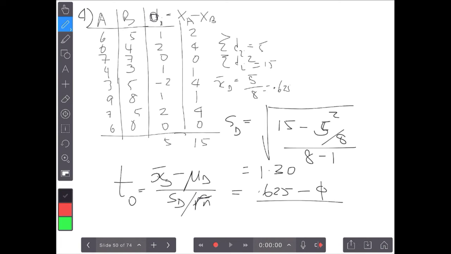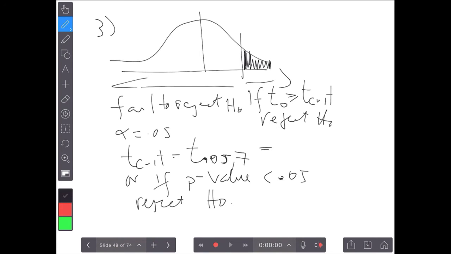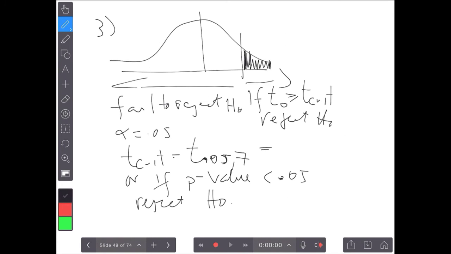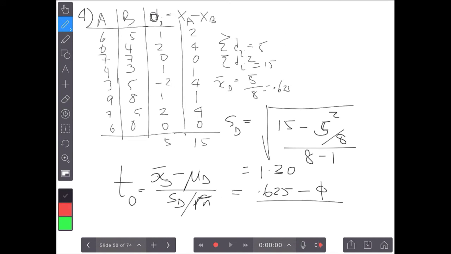If you go back to H0, you will see from the null hypothesis here that we're going to set the difference to 0. And then the standard error is 1.30 over the square root of 8. It turns out that this value is equal to 1.36.